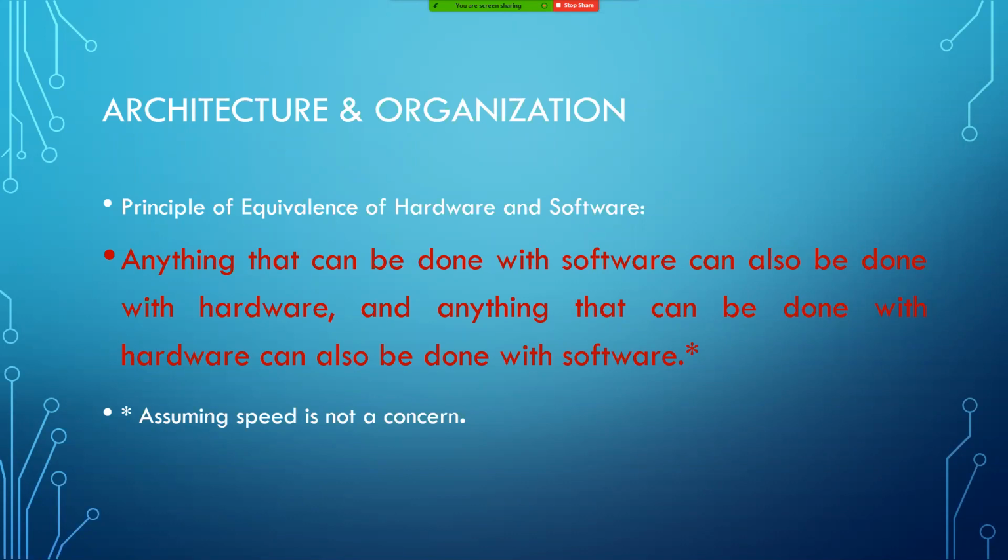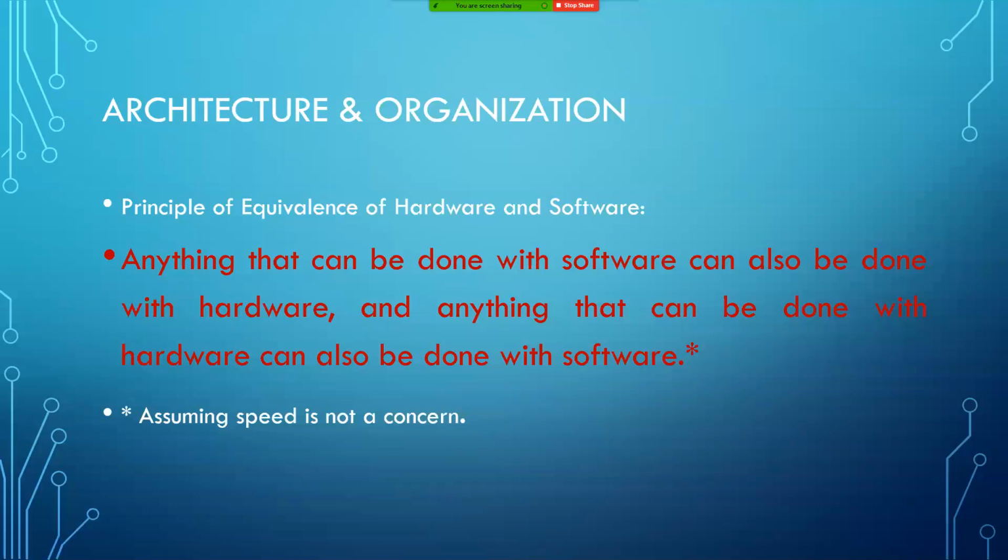Let me give you an example. I hope you'll understand. Let's say I have a printer, and I want to print one page. According to the theory, I am able to do the same printing job using a software and also by the hardware. Only then can we say that software and hardware are equivalent.